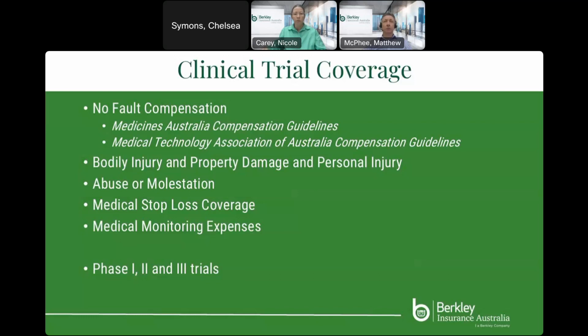Product sales contractors: a lot of pharmaceutical companies or even device companies have their product sales reps employed on a contractor basis as opposed to an employee basis. There's coverage for those automatically. And the same with product service contractors, they're automatically covered.